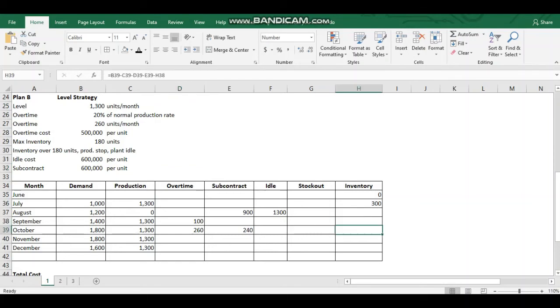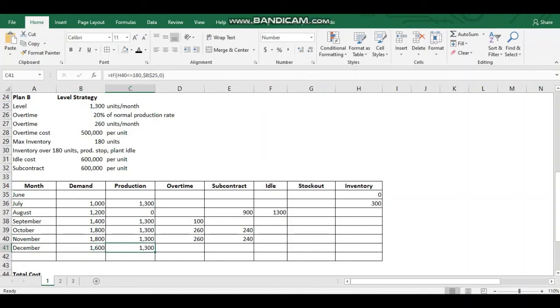And then for November, it's the same as October actually, so we have the overtime, and then the remaining units we do by subcontracting, and we have no inventory since the total of production, overtime, and subcontracting equals its demand.